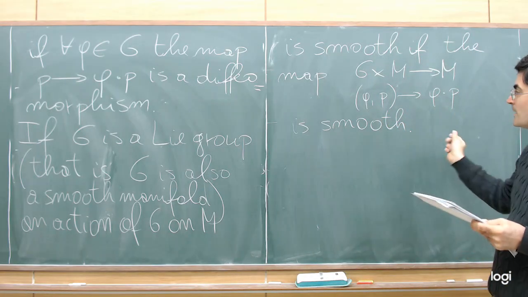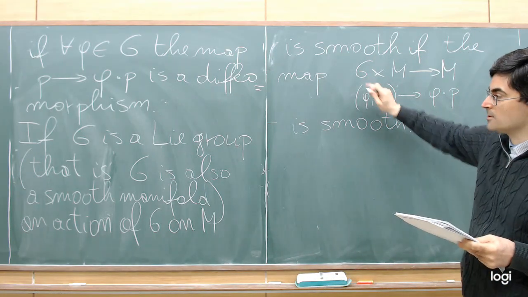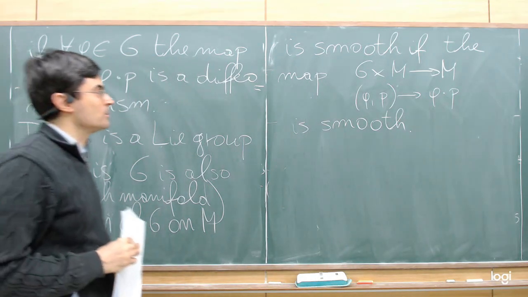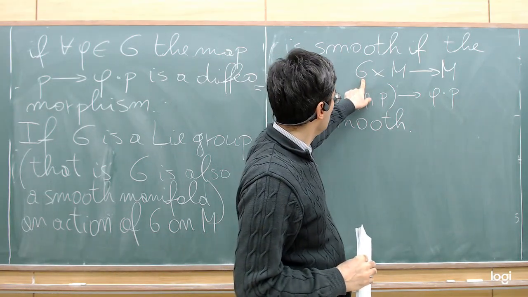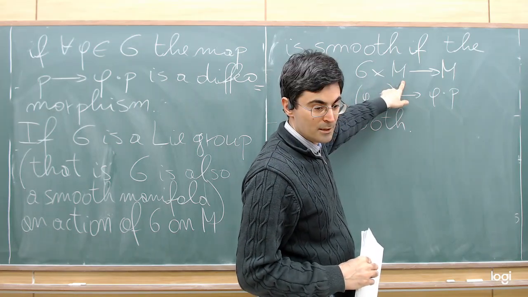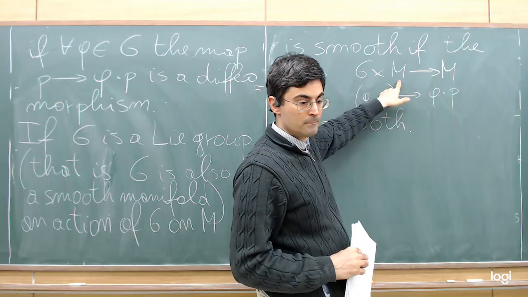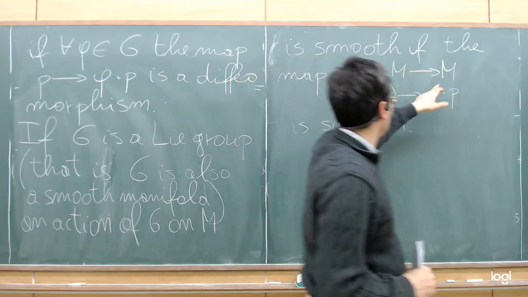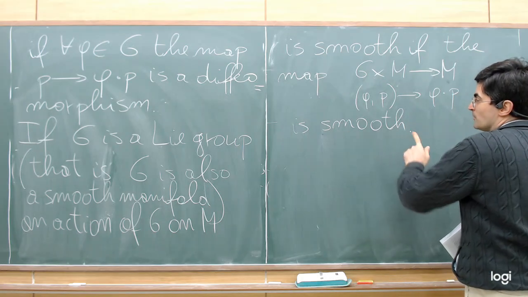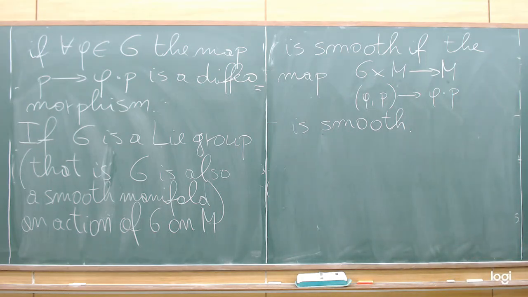This definition makes sense because G is a smooth manifold, and on the left you have the product manifold of G and M, and on the right you have a smooth manifold, so it's clear what is the meaning of smooth map in this case.